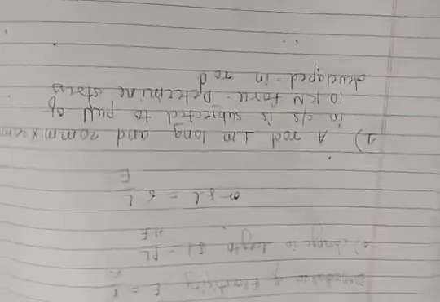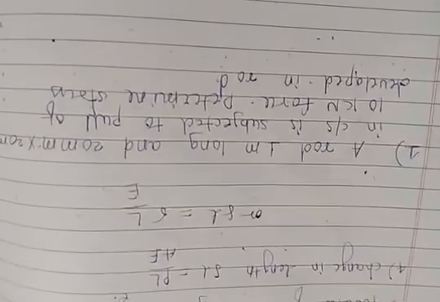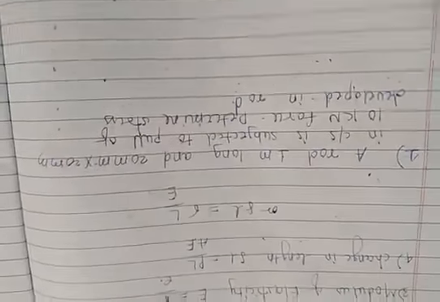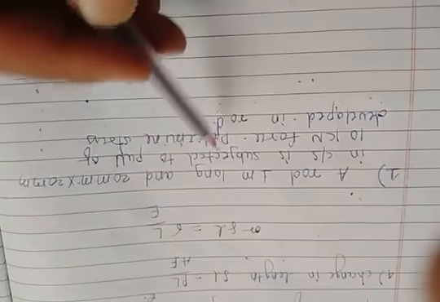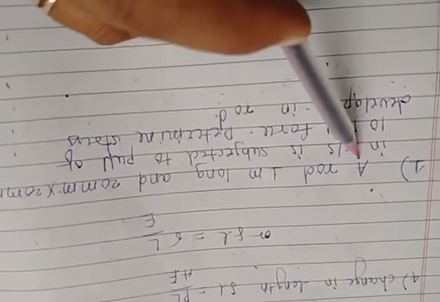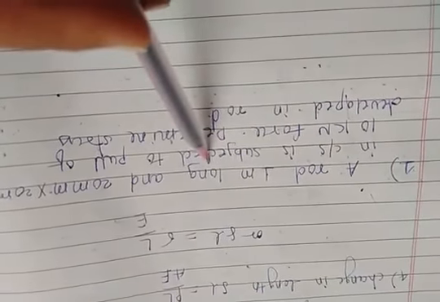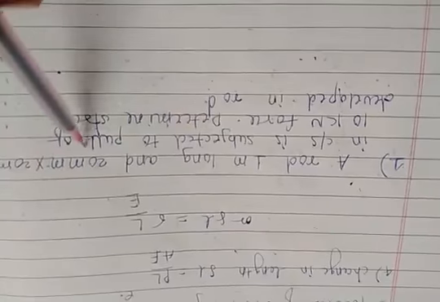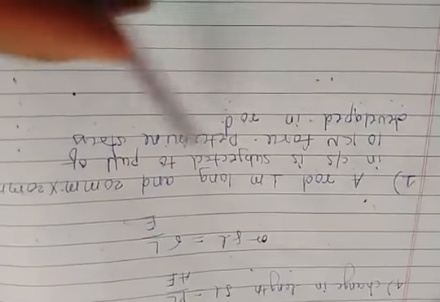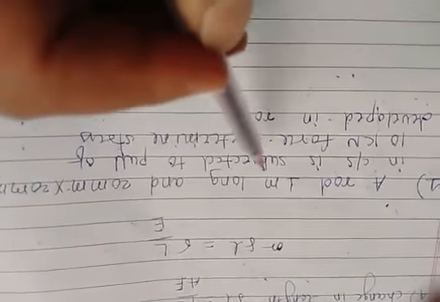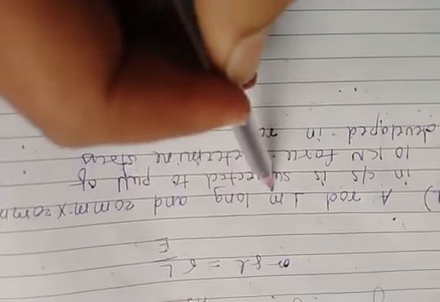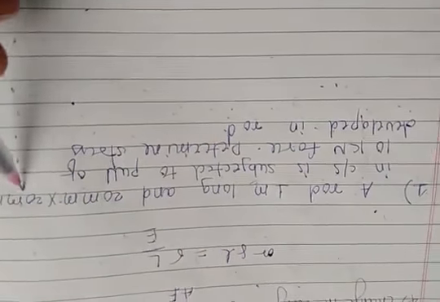Let us see the first numerical. The statement of the numerical is given here. This is a very simple and basic numerical. I am reading the statement: a rod of 1 meter long and 20 mm into 20 mm in cross section. Remember, here dimensions are given: length, width and thickness.